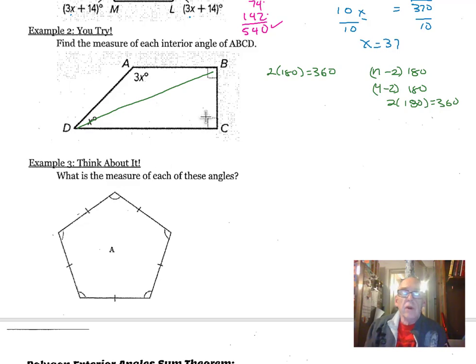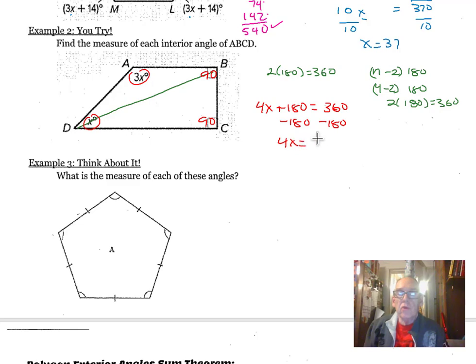Now we have a right angle here, that's a 90. We got a right angle there, that's a 90. We got a 3x and an x. So altogether we have 4 x's plus 180 has to equal 360. Okay, minus 180 from both sides. 4 x's is 180. Divide both sides by 4. Same as 90 over 2, which is 45 degrees.